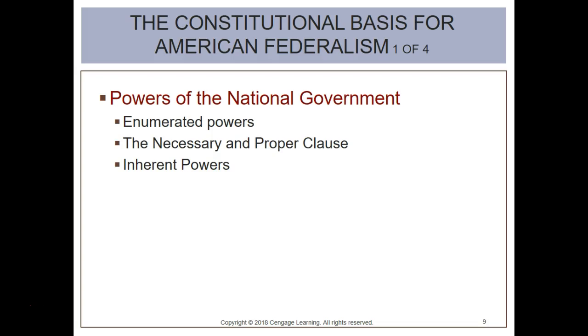The constitutional basis for federalism, again, back to the law of the land, is found in the enumerated powers, basically Article 1, Section 8, which is also known as the necessary and proper clause.